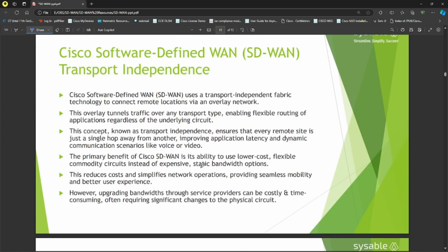Cisco SD-WAN uses a transport-independent fabric technology to connect remote locations via the overlay network. We are going to discuss the underlay and overlay later on. But the main thing is that it is transport independent.